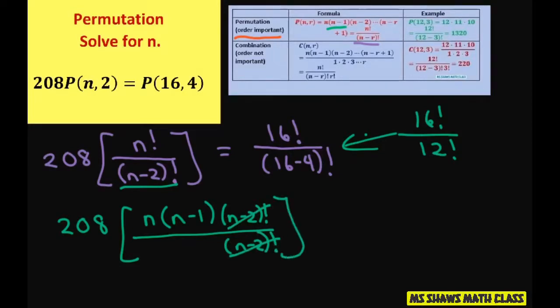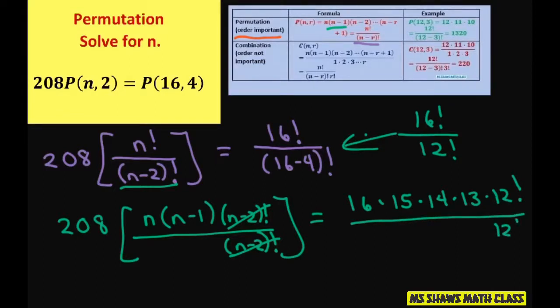On this side, we get 16 times 15 times 14 times 13 times 12 factorial divided by 12 factorial. So these cancel out. So now we have no more denominator. We have this and this number here.